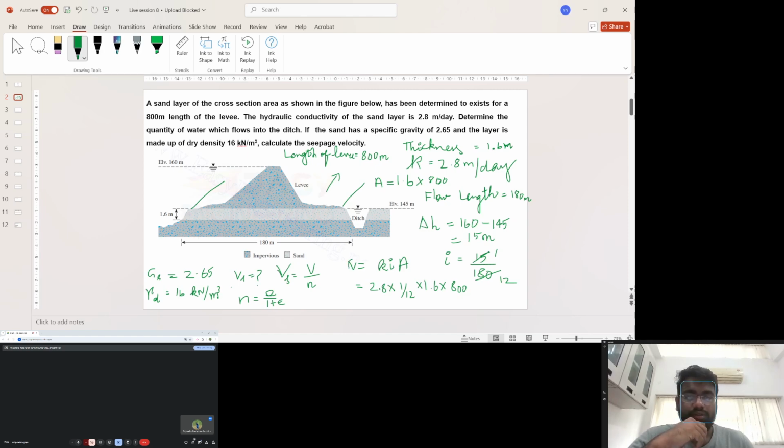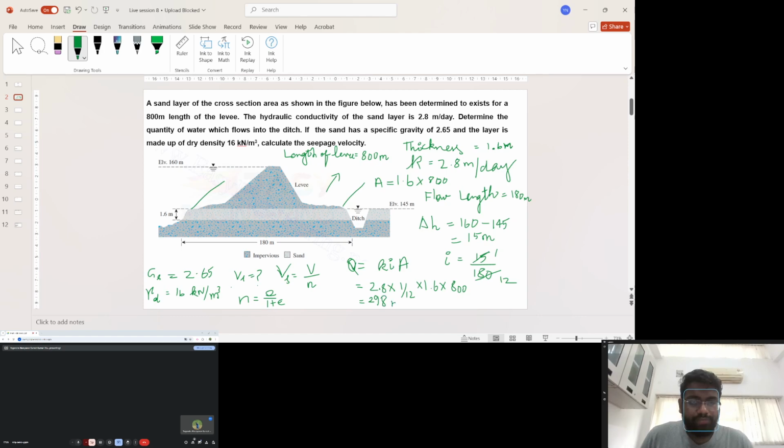This is not the velocity, this is Q. The quantity which we have to determine is the quantity of water that flows into the ditch.